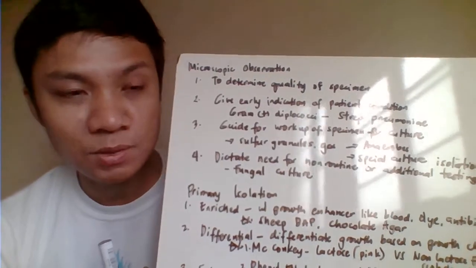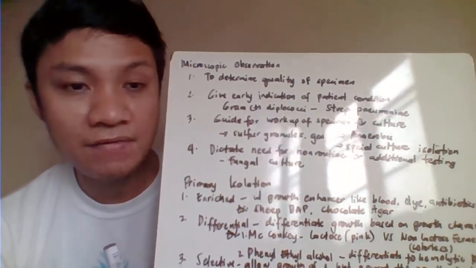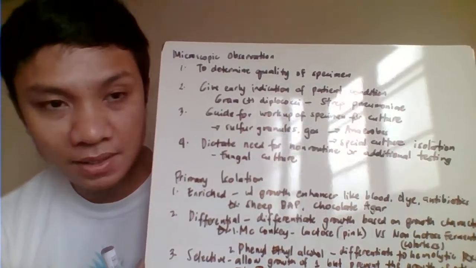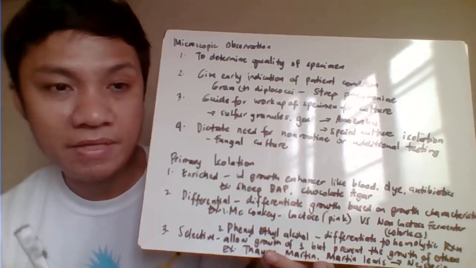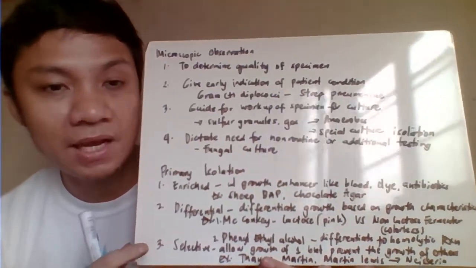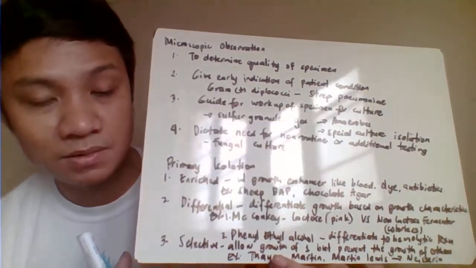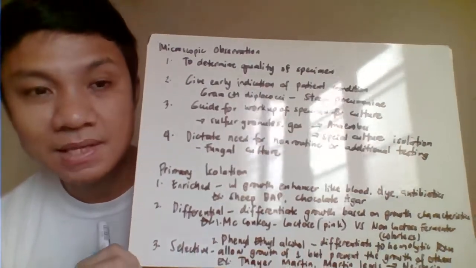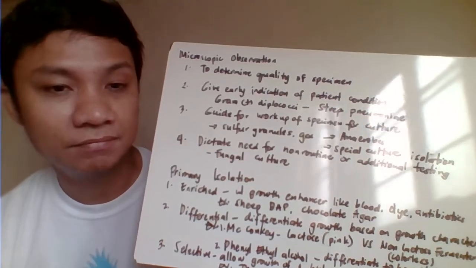For your sputum ulit, dapat ang sputum natin ay more than 25 na WBC and less than 10 na squamous epithelial cells. But if you see less than 25 na WBC, more than 10 na squamous epithelial cells, what you have will be your saliva. So again, if the specimen is intended to submit a sputum, the sputum, hindi saliva.